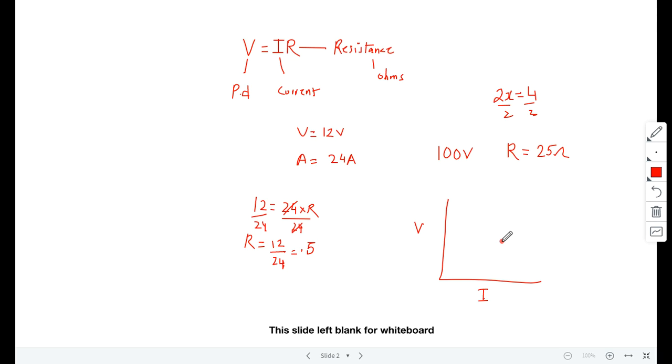Yes, that's correct. But if you have to plot the graph between V and I, how does it look like? Okay, I'm just giving you a hint. It's like y equals 2x. Can you plot this graph, y equals 2x?